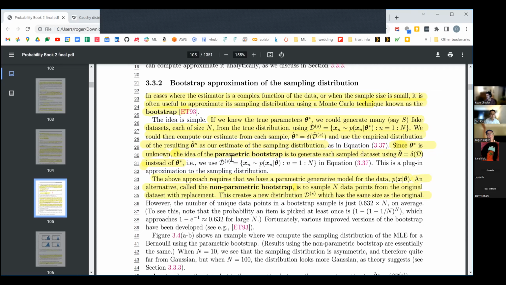In the first approach, the parametric bootstrap, I think what they're saying here is that, this is S, so this is all of them, they estimate the parameters once on the entire data set, and then they generate sample data sets using those parameters.